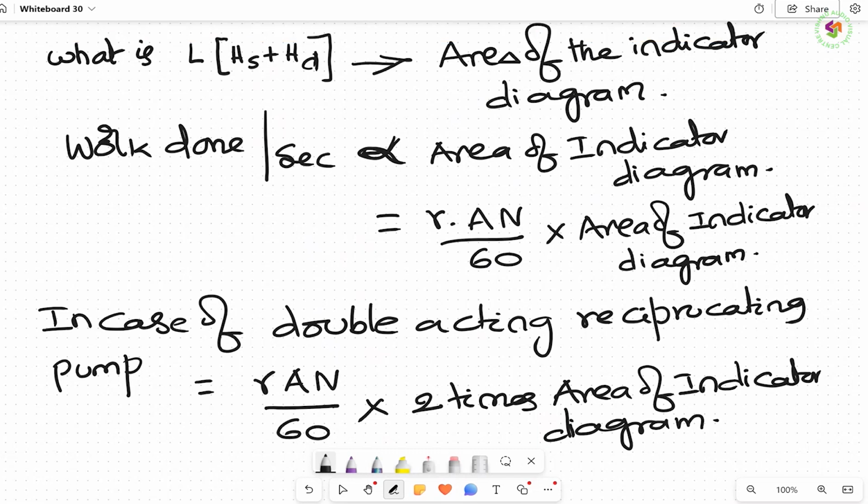So we discussed the indicator diagram first. What is the indicator diagram? It is a graph drawn between the stroke length and the pressure head. The stroke length is on the x-axis and the pressure head is on the y-axis.